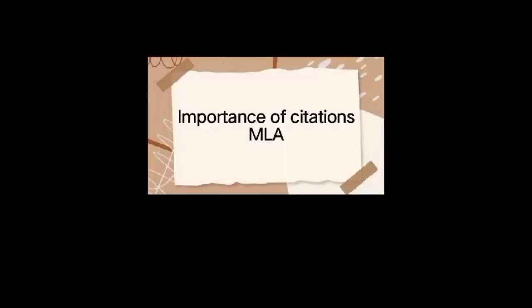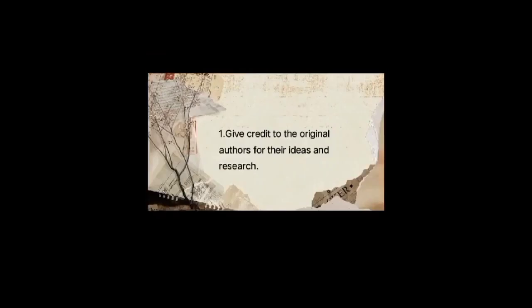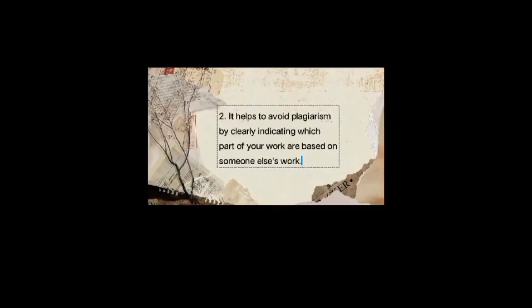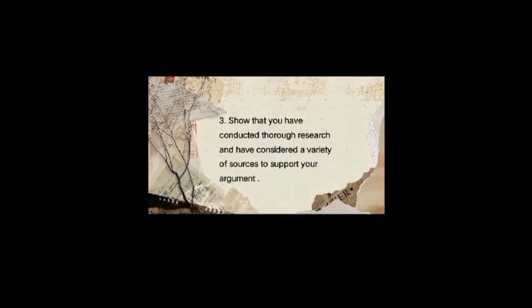The importance of MLA citation is to give credit to the original authors for their ideas and research. It helps to avoid plagiarism by clearly indicating which parts of your work are based on someone else's work. It shows that you have conducted thorough research and have considered a variety of sources to support your arguments.